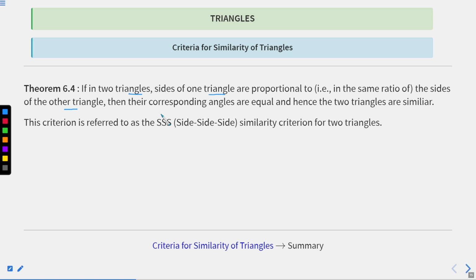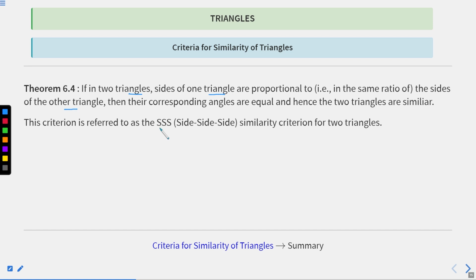So here in this theorem it states that if in two triangles, sides of one triangle are proportional to the sides of the other triangle, then their corresponding angles are equal. And if corresponding angles are equal and corresponding sides are in the same ratio, that is, proportional, then the two triangles are similar.